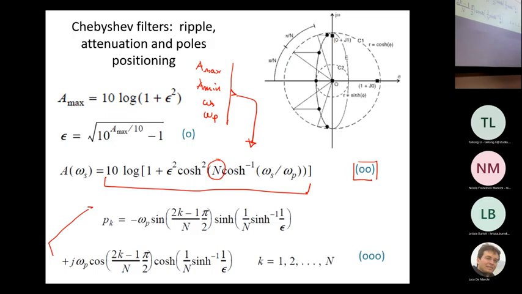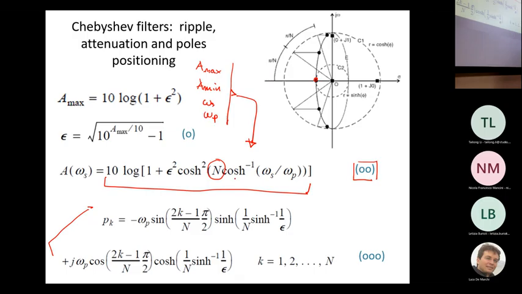So the distance from the poles to the origin changes depending on the pole pair. Still, they are paired with complex conjugate poles, or just single real poles when the order of the filter is odd.